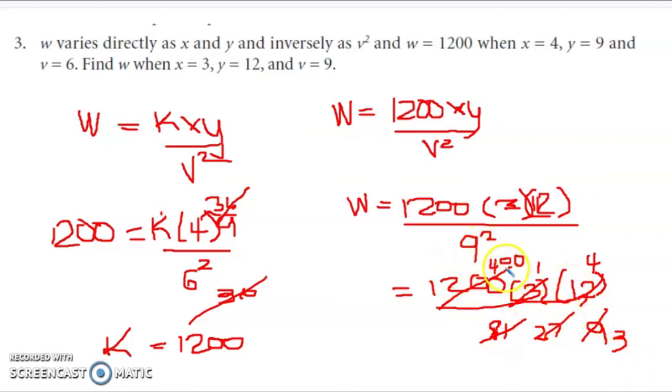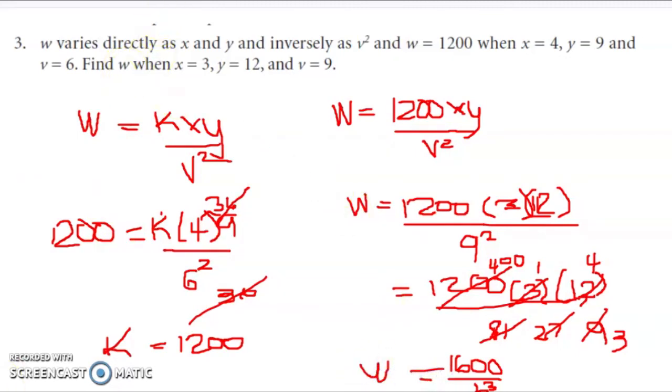Now, wala nang factors na pwedeng i-divide because 400 cannot be divided by 3. So, this is now the answer. You multiply the remaining factors. 400 times 1 is 400, times 4 is 1,600 divided by 3. Can we divide 1,600 by 3? No. So that is already our answer. So that is W.